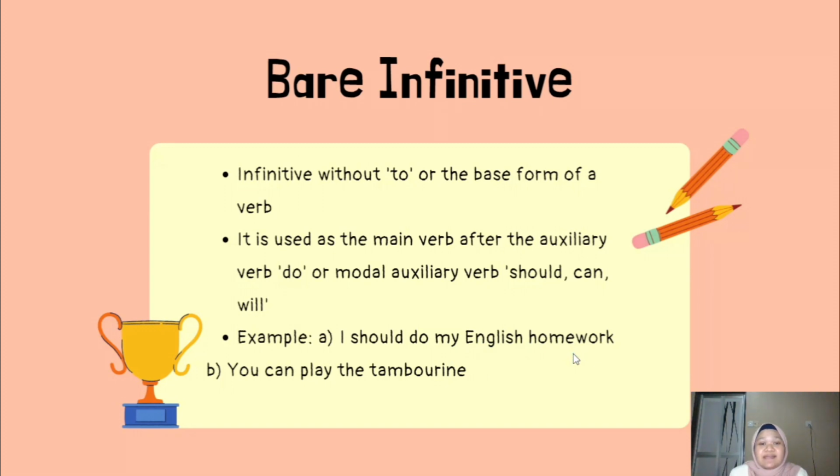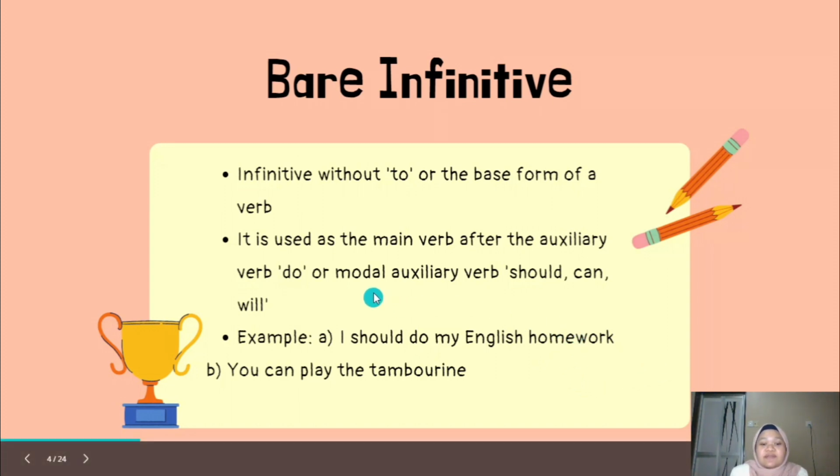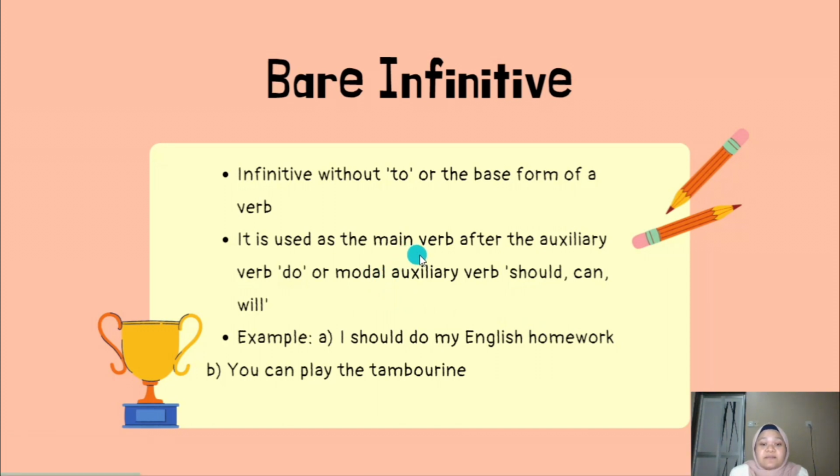Can you see that the word is slightly different? It sounds wrong in the sentence. So it's better to say, I should do my English homework. I should do my revision for tomorrow's paper. That is what is called the main verb after the auxiliary verb do. Now let us look at the main verb after modal verbs.